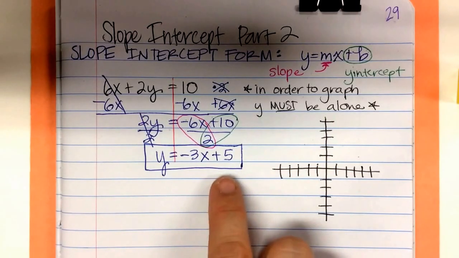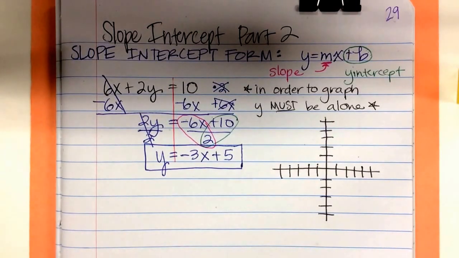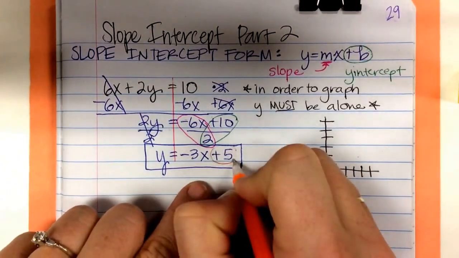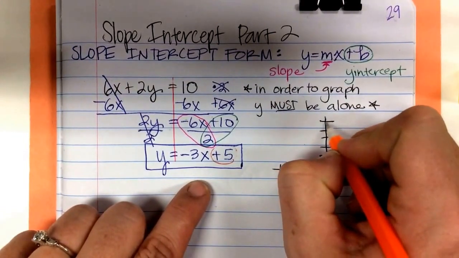Where does this graph start, Corbin? On positive 5 on the y-axis. So I go to the y-axis and I go to positive 5.